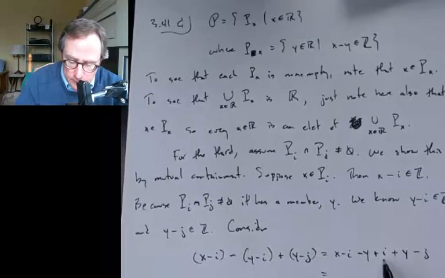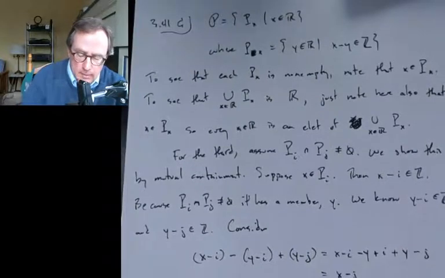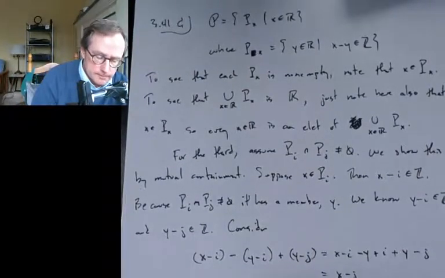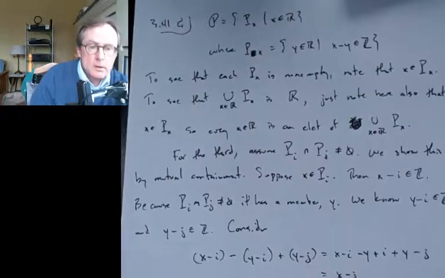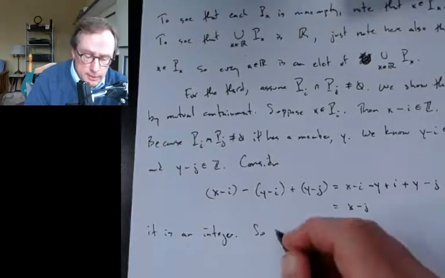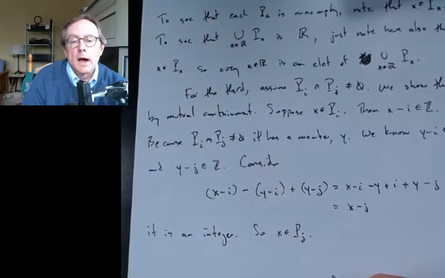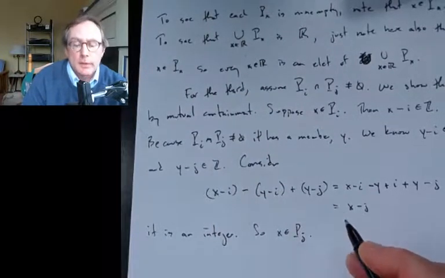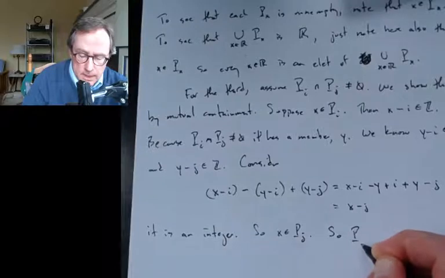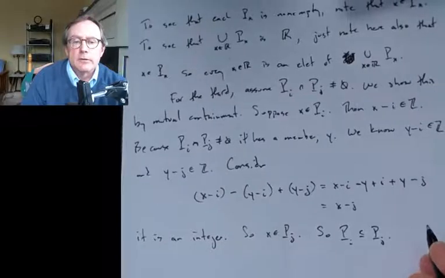So minus i cancels with the plus i, minus y plus y cancels, and that's x minus j, which is an integer. So x is in pj. So pi is a subset of pj. And containment in the other direction is exactly the same.